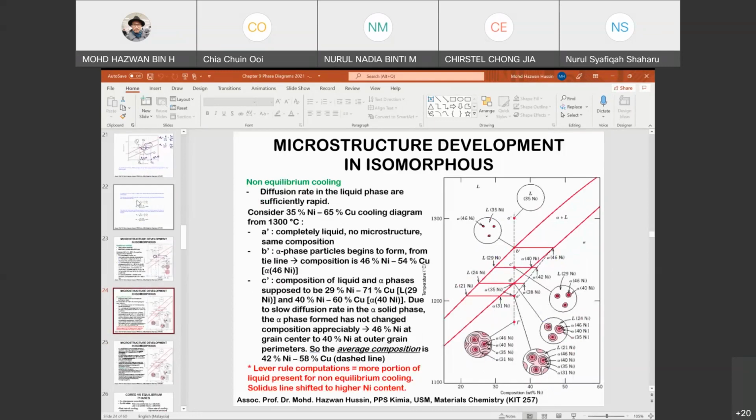So for today, we are looking at non-equilibrium cooling. What does it mean by non-equilibrium cooling? Non-equilibrium cooling is where the isomorphous alloy produced is facilitated with something that can accelerate the cooling process.